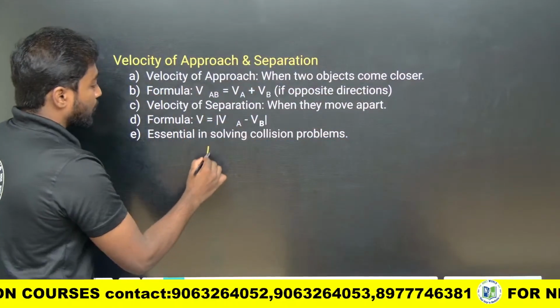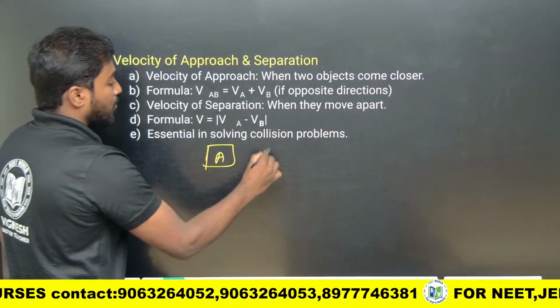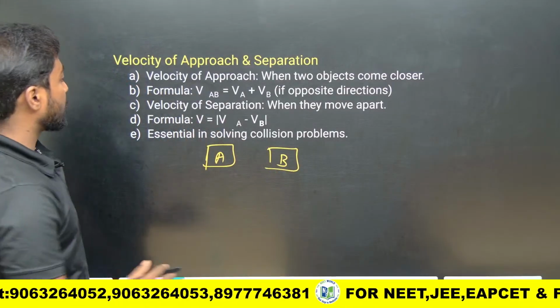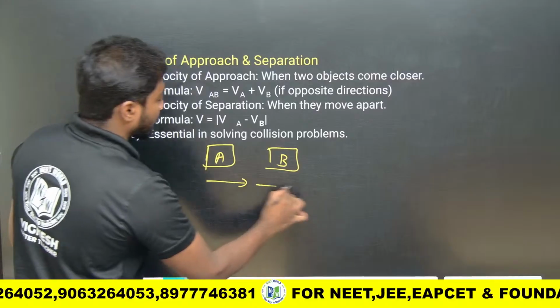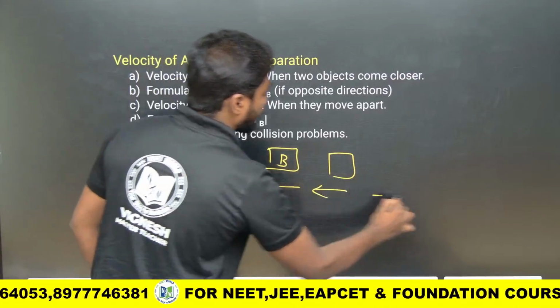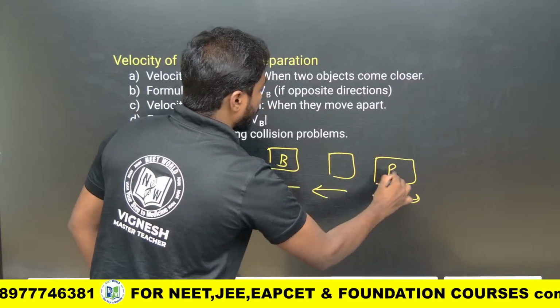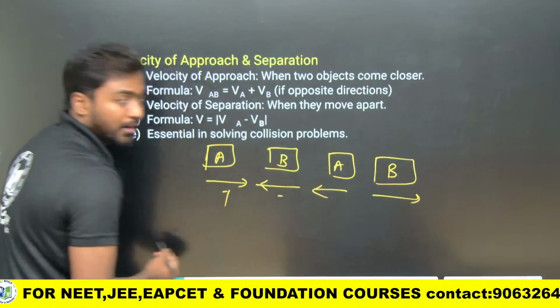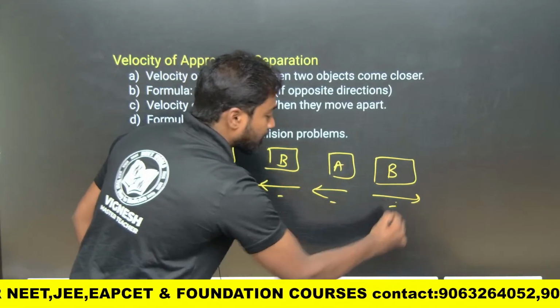Object A is there, object B is there, so velocity of approach. In the opposite direction, velocity of separation, going away from each other. This is positive, this is negative, this is negative and this is positive.